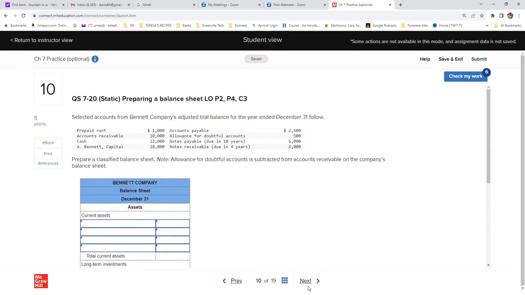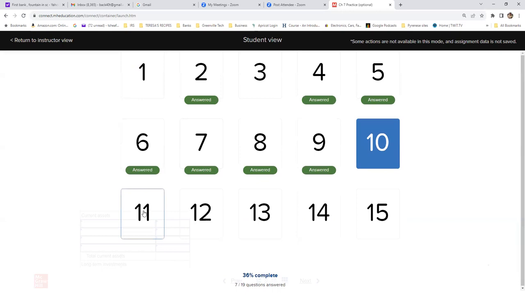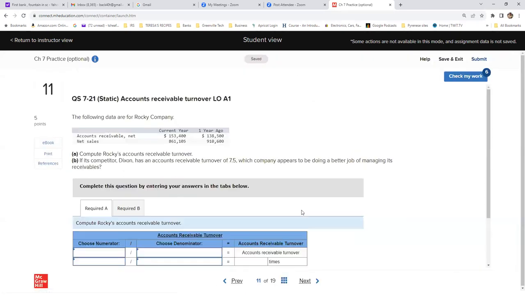All right, I'm going to move on. Number 11. Following data are for Rocky Company. All right, and here we have to complete the... We're looking at accounts receivable turnover.